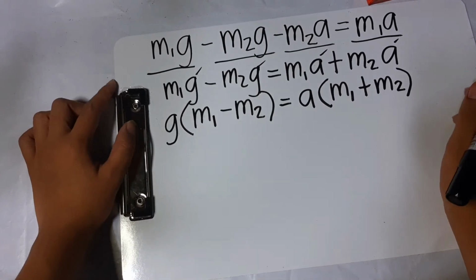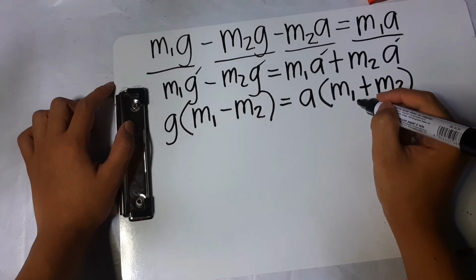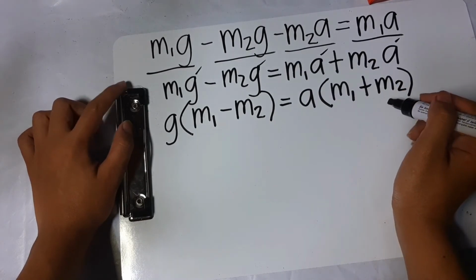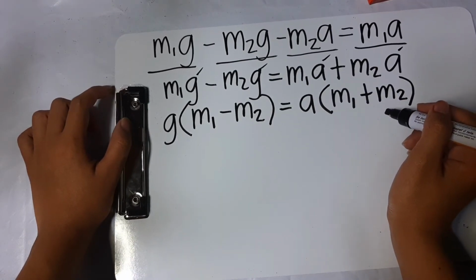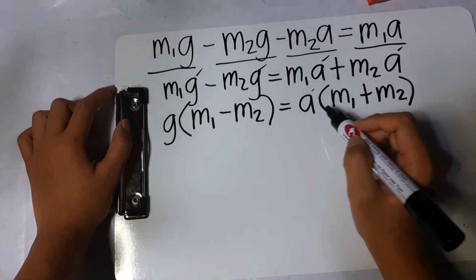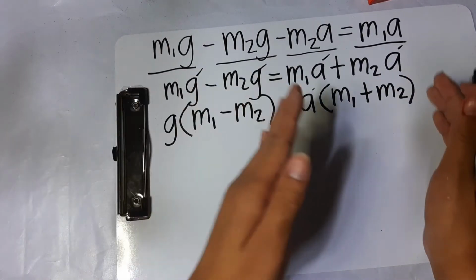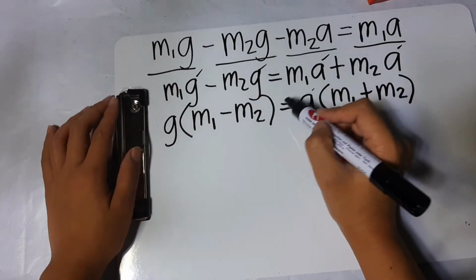Now let's divide both sides by mass 1 plus mass 2, since we're looking for the formula for acceleration. So we need to isolate acceleration on either side of the equal sign.